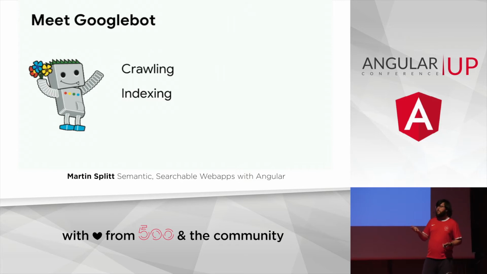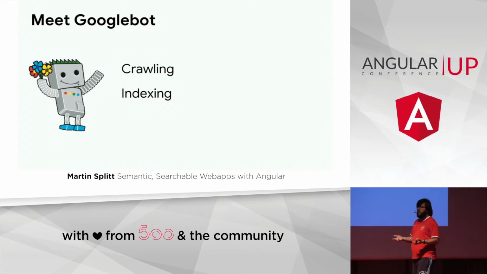Because what we want to do is serve you relevant content. So if I'm typing in best Angular conference ever, then I probably want to find maybe this conference, rather than, let's say, a conference about flying autonomous vehicles. Even though that would be cool, that's not relevant for me. So for this, we have to understand the content of the website as well. And we call this indexing.